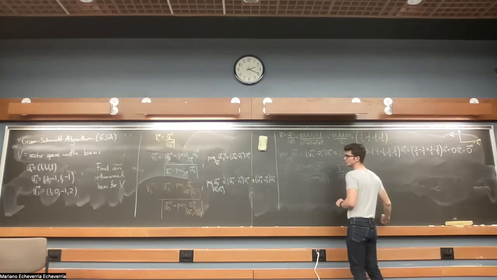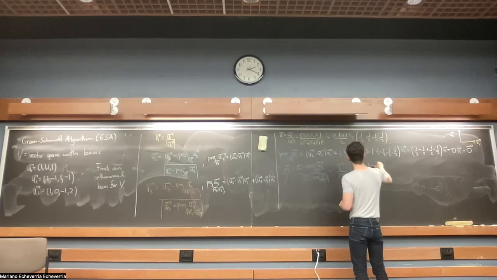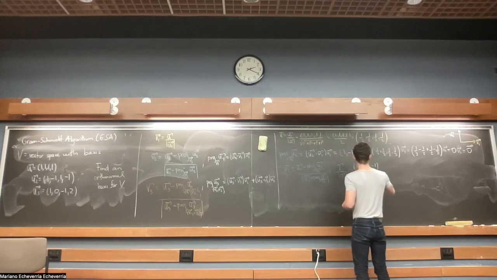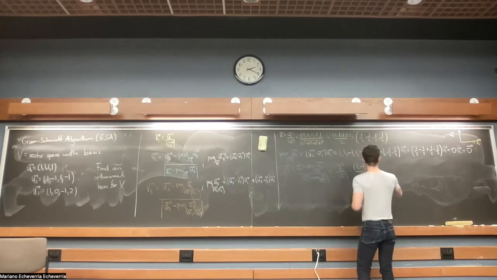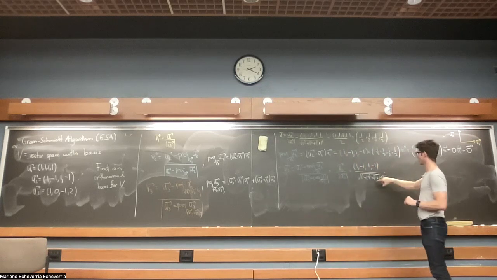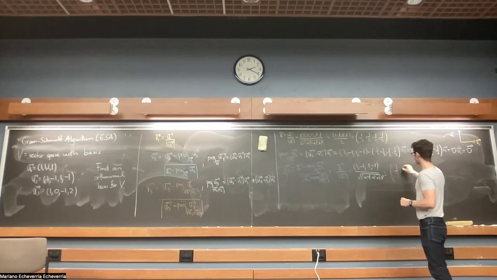And what is U2? U2 is 1, negative 1, 1, negative 1. The length is still the same as before: 1 squared plus negative 1 squared plus 1 squared plus negative 1 squared, so this continues to give you 2 after you take the square root. So B2 is 1/2, negative 1/2, 1/2, negative 1/2. Okay.